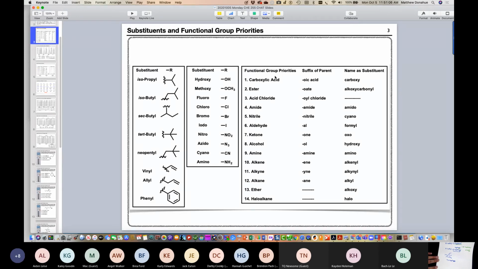The way these things are prioritized, the way that I like to teach it and think about it is according to the oxidation state.